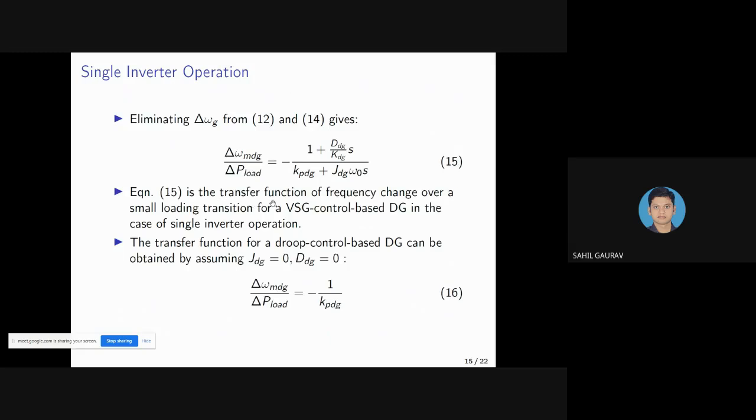As we have seen earlier, the P omega droop control equation is similar to the active power control equation of VSG. If we consider J DG is equal to 0 and D DG is equal to 0, we get the transfer function for a droop control based DG. In the same transfer function, we put J equal to 0 and D equal to 0, meaning angular moment of inertia and damping factor are equal to 0, so that we get the transfer function for the droop controller mechanism.